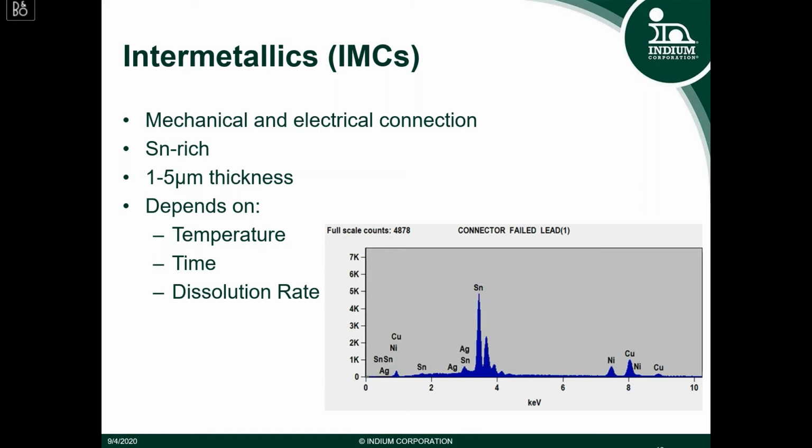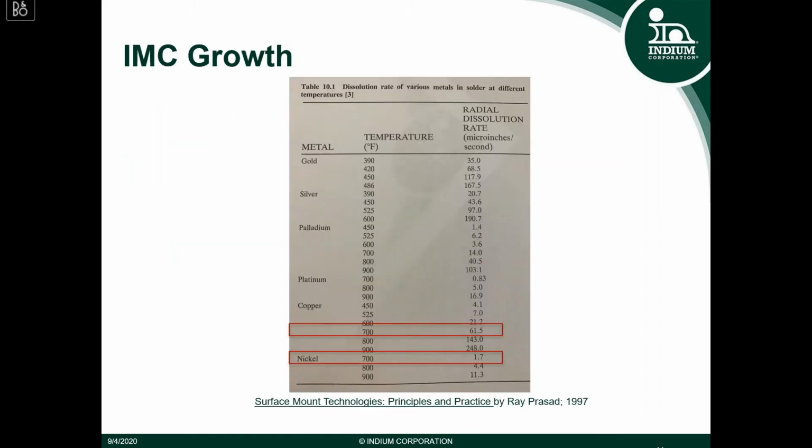And intermetallics depend on 3 things: the temperature at which the solder is soldering, the amount of time that the solder is exposed to the temperature, and also the dissolution rate between the 2 elements. As you can see in this picture here, using a solder and soldering to copper at 700 degrees Fahrenheit, the dissolution rate between the tin and the copper is 61.5 microinches per second.